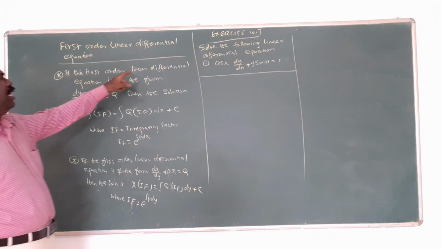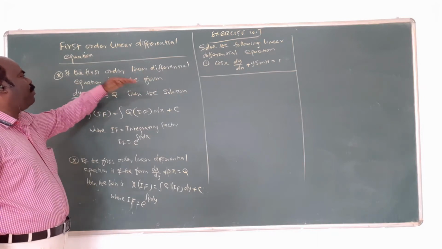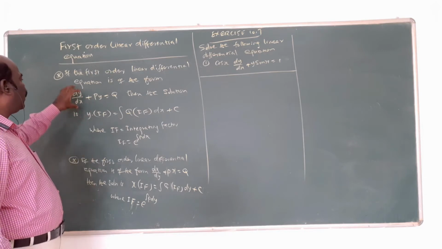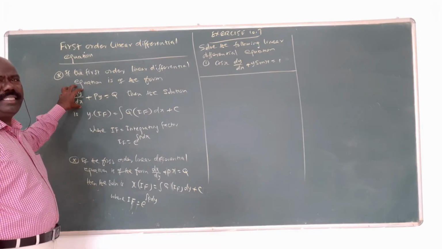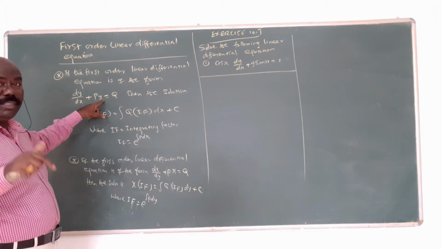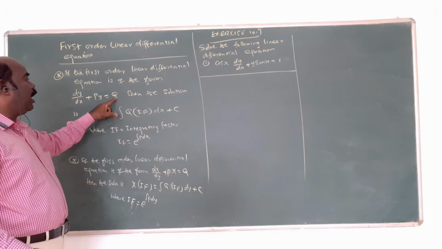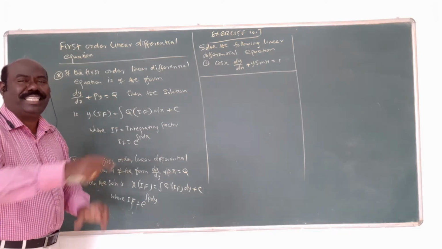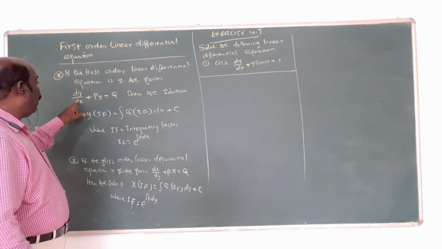If the first order linear differential equation is of the form dy by dx plus P into y equals Q, only y will come. That's very important, because P and Q are in terms of x. So only one y will come.